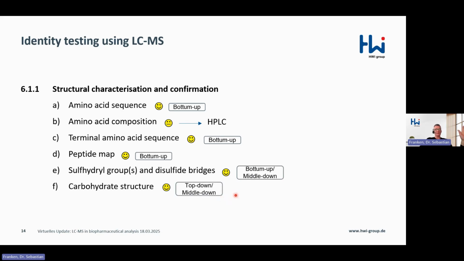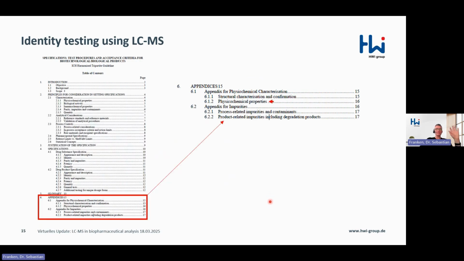And of course, carbohydrate structures, I already said that we tend to do this now in middle-down mode, but also in the top-down mode. If we have good software, we can do the analysis of the carbohydrate structure of our protein. And then, besides the structural characterization, we also have to check for the physicochemical properties.